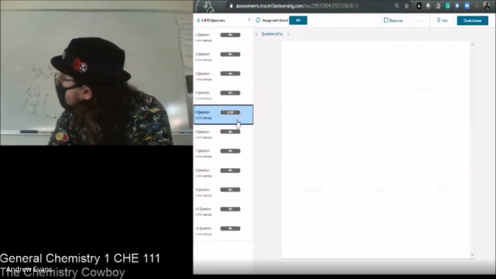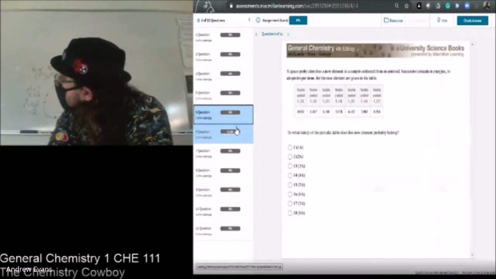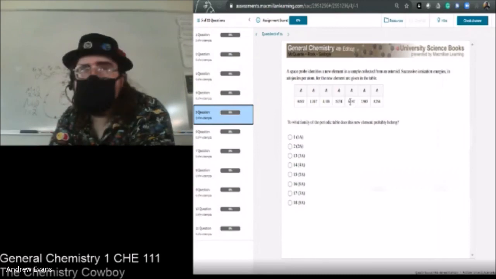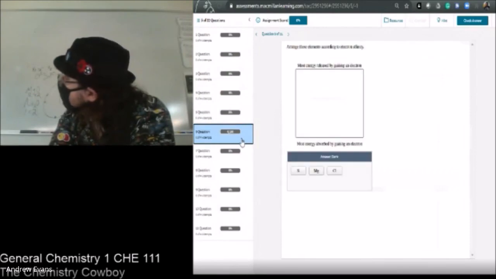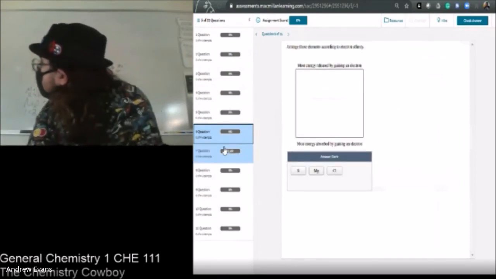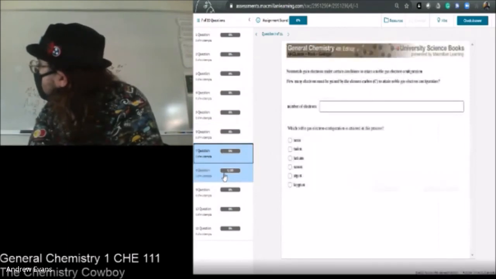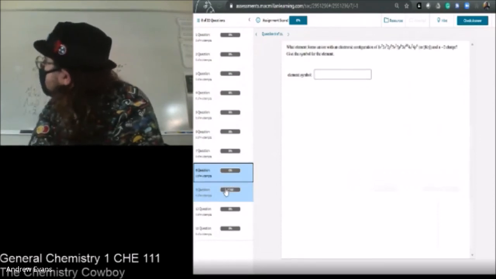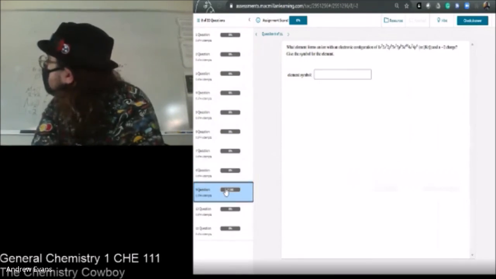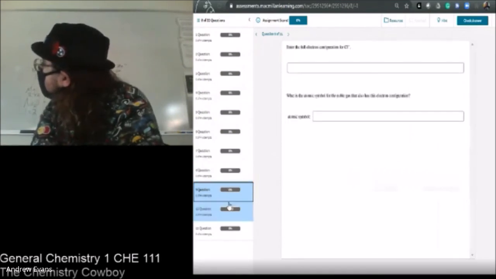Ionization energy trend. This one, based on this ionization energy chart, what group does this belong to? We'll look at this a little bit more. Is that electron affinity? Let's see. There's a few ionic energy ones.